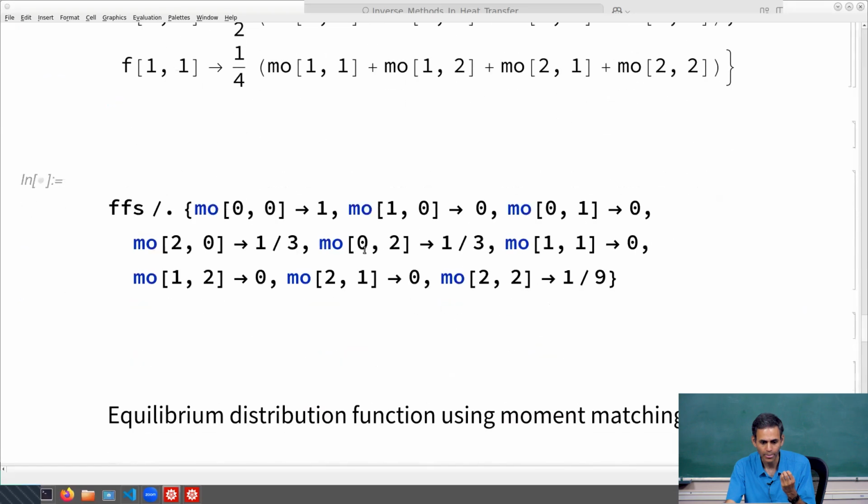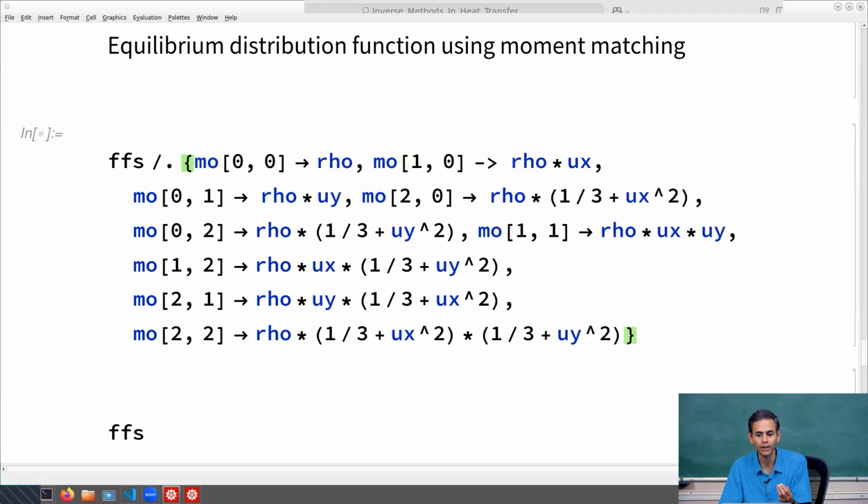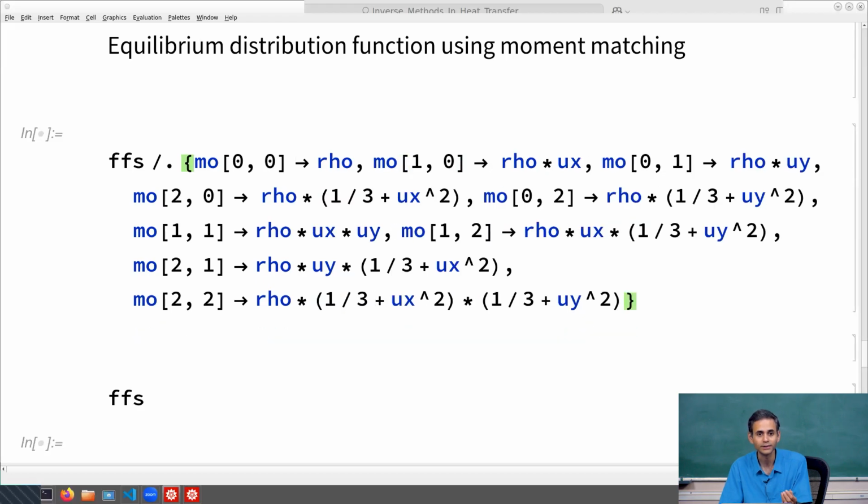Now what should I do? What I will do is, in this ffs list, I'm going to substitute or replace for moment of 0 0, correct? Moment of 0 0 is nothing but what? Rho, right? Density. So I'm going to write it goes to rho, and moment of 1 0 is rho times ux, correct?